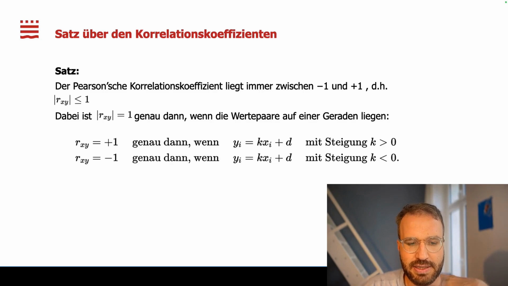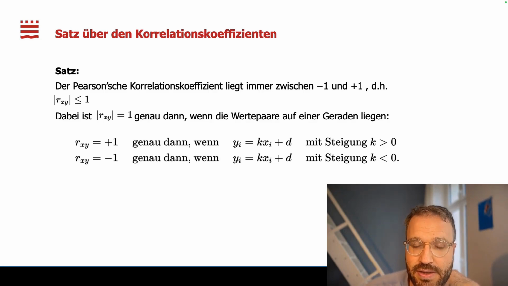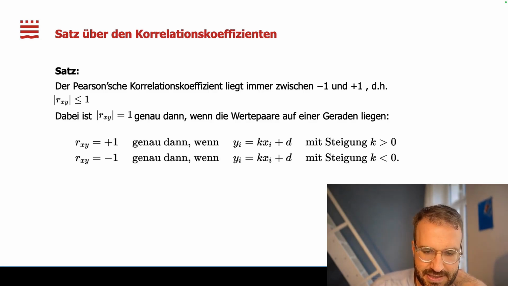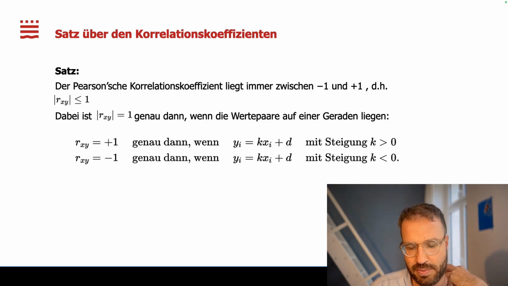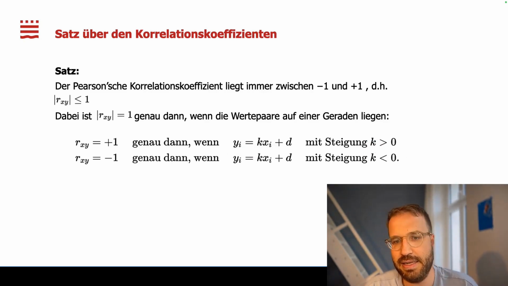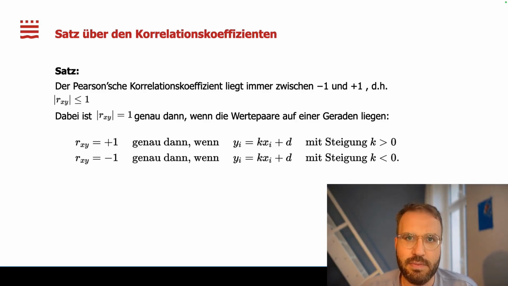And more specifically, when the value is +1, there is indeed this clear linear relationship between y and x. And if it is positive, then this relationship is such that the slope k is positive, and thus the values lie on a line that has a positive slope, meaning it goes upwards.